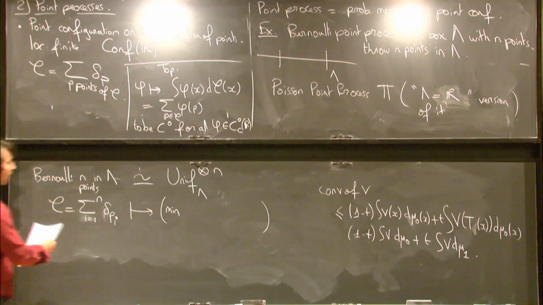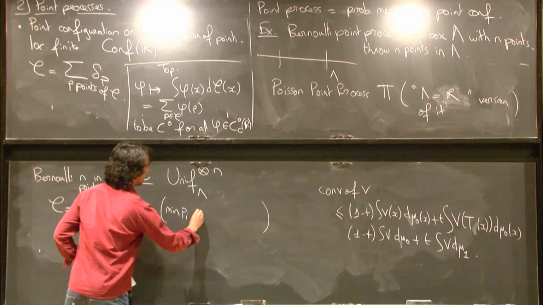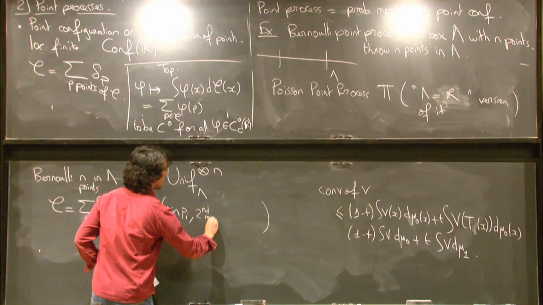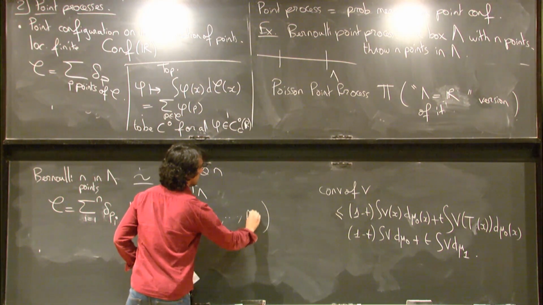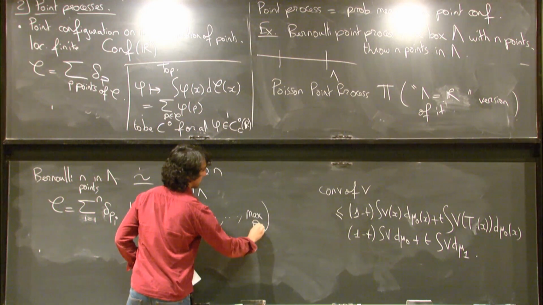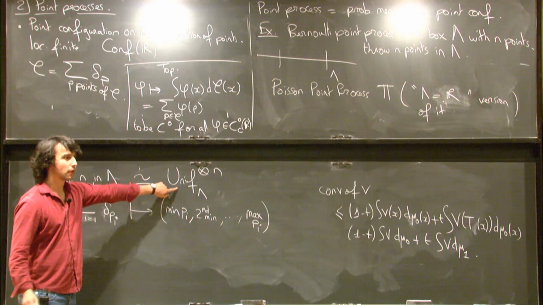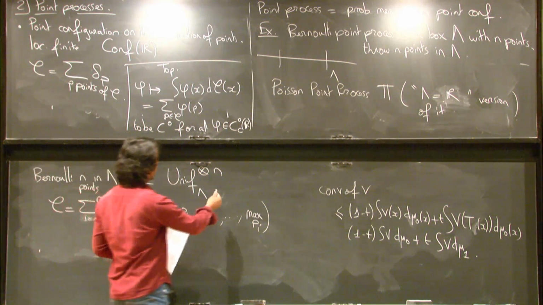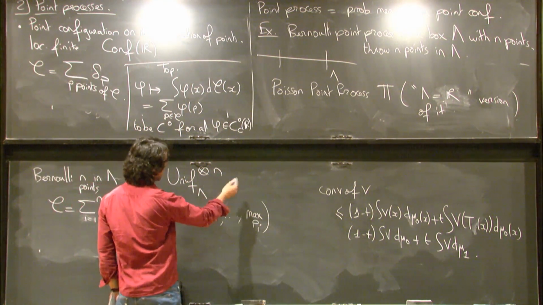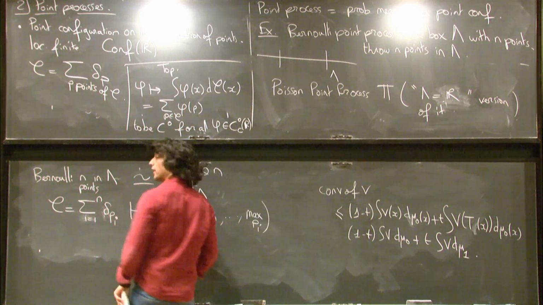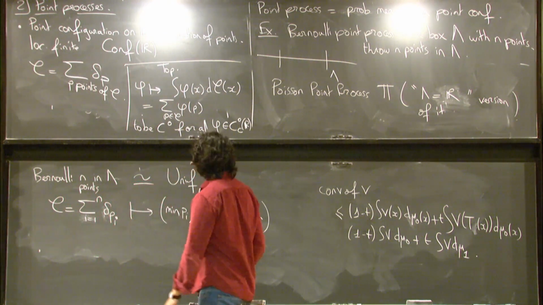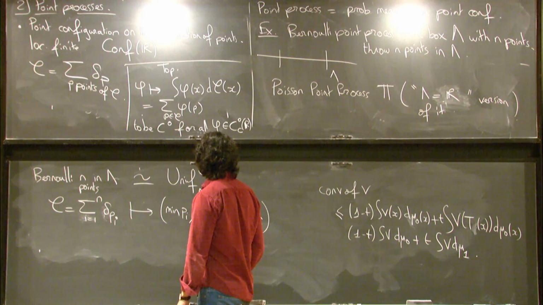I can take the smallest one, then the second smallest one, and then the biggest one. So what I get is not exactly the uniform measure. It's, if you want, the uniform measure on, say, cycling, if you close it up to a circle.